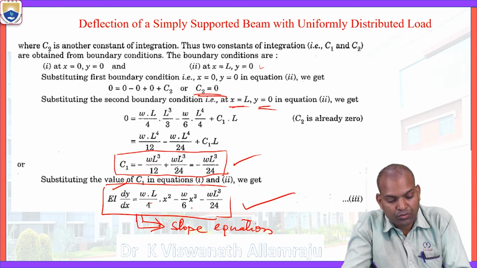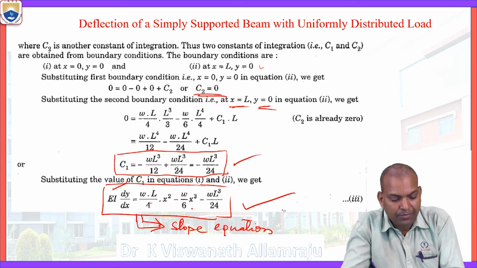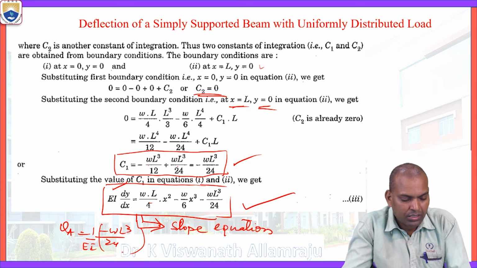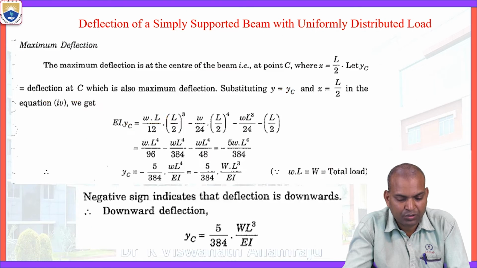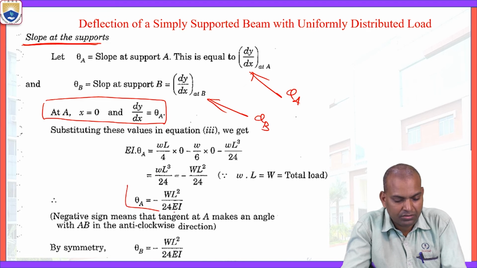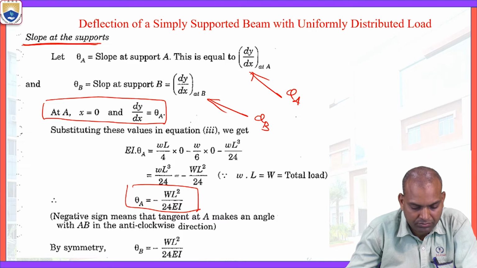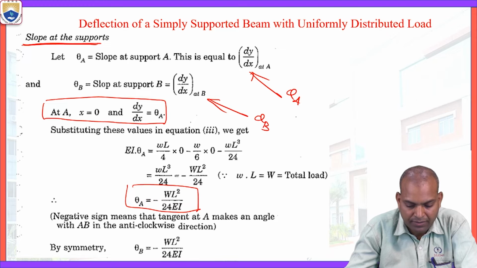In that, x equal to 0 is substituted. Then the slope at A, theta A, equals minus wL cube by 24, that is 1 by EI times wL cube by 24. That's what we can see: wL cube by 24 EI.